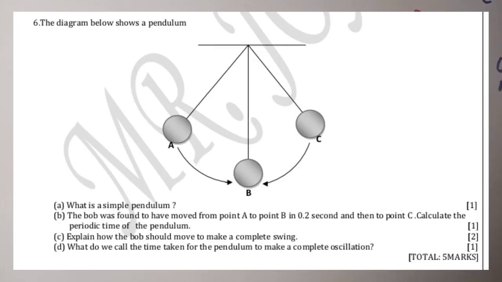The other question on the same question says, explain how the bob should move to make a complete swing.